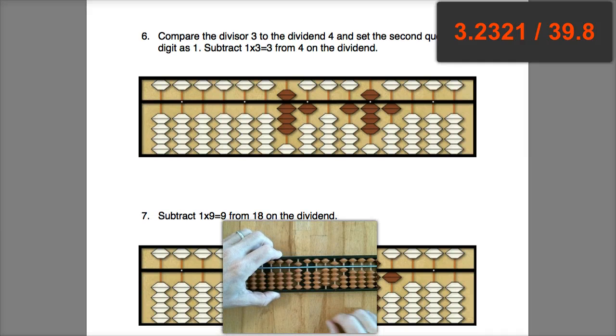Now we're going to compare the divisor 3 to the 4, and we're going to put our second quotient digit at -2, and we're going to put a 1 there. So then we'll subtract 3 times 1, which is 3, from the 4 on the dividend.